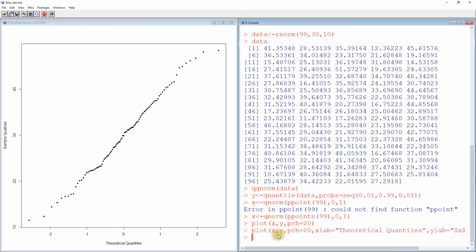And then this is what you get. You get the same thing as the qqnorm function as you had earlier. So that's another way of doing it manually.